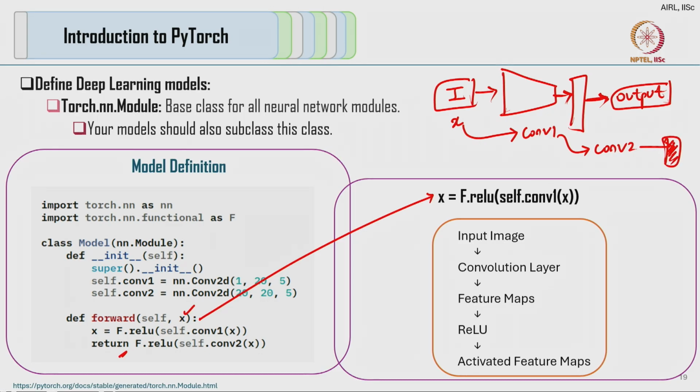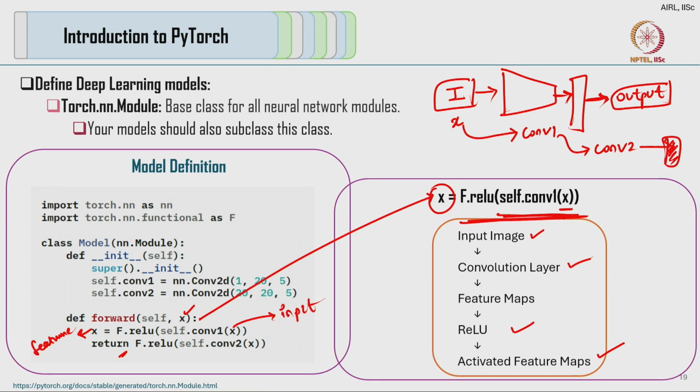Now, what is happening is when I say x is equal to F.relu of self.conv1 of x, essentially I am taking x, which is the input image, I am passing it through the convolution operation, I am passing it then to the ReLU, and then I get x, which is the feature map. So, x here is the input, x here is the feature map after these set of operations.